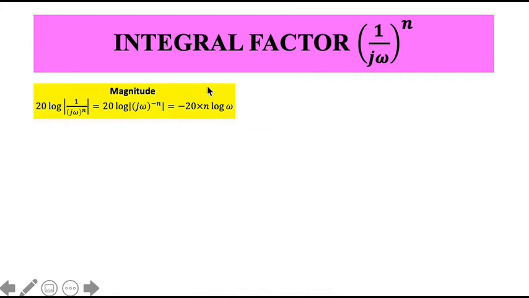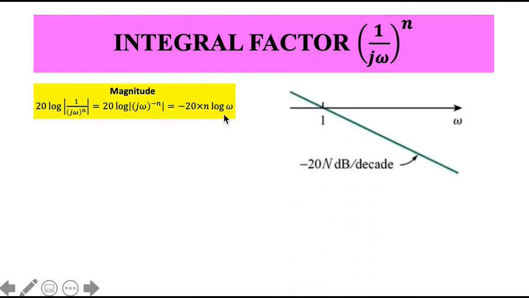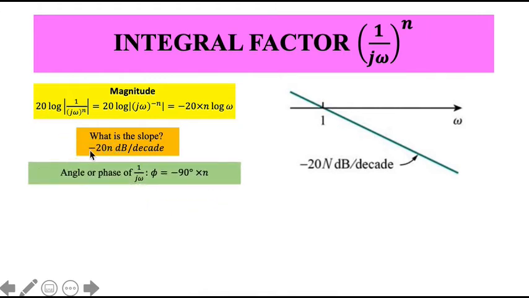What is the slope? The slope will be minus 20 n. That is, if I am having two poles at origin, the slope will be minus 40. So it will be minus 40 decibel per decade in case of two poles at origin. What will be the phase?